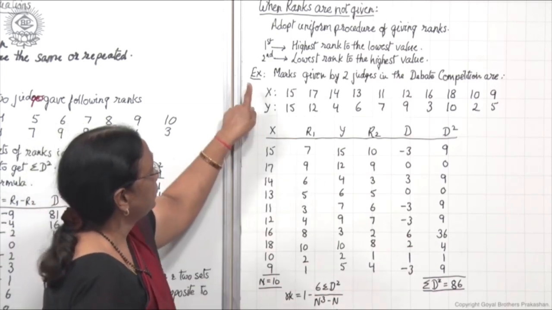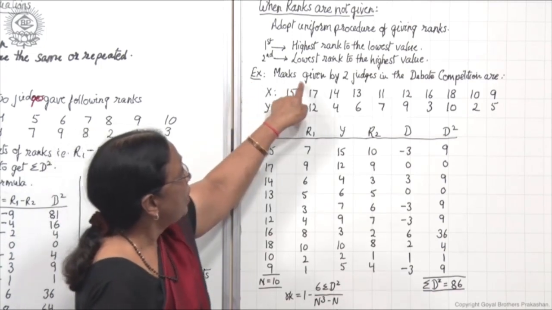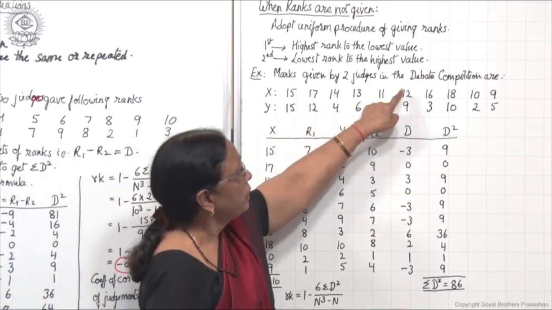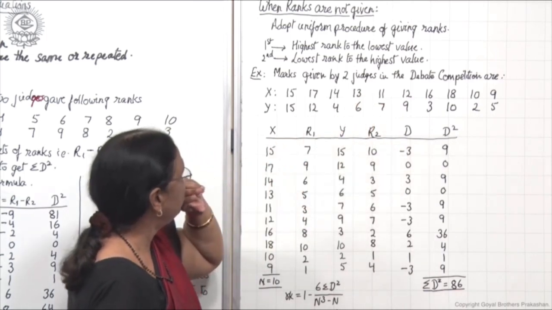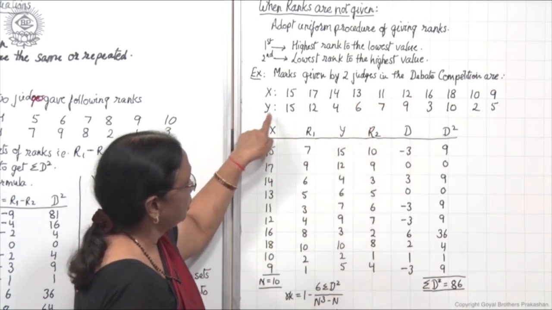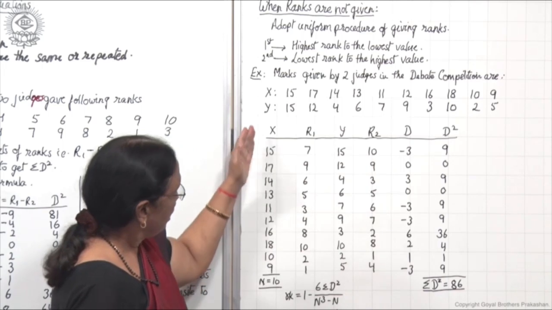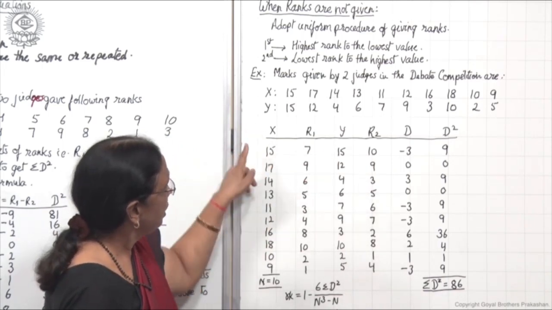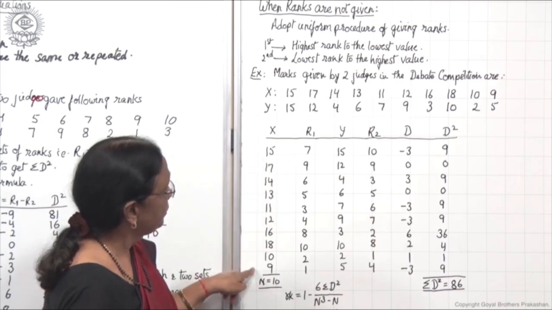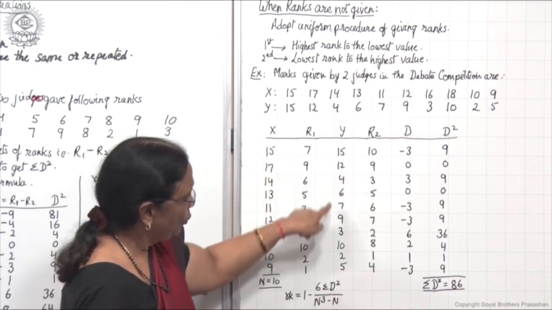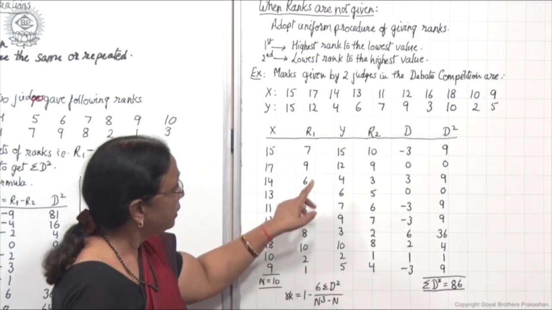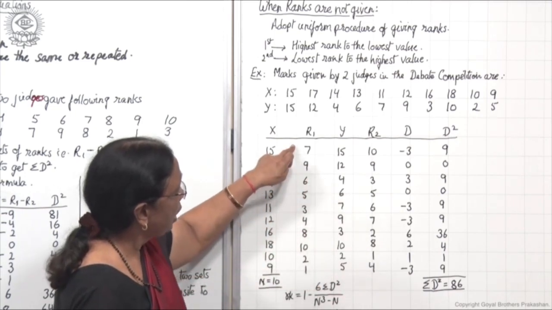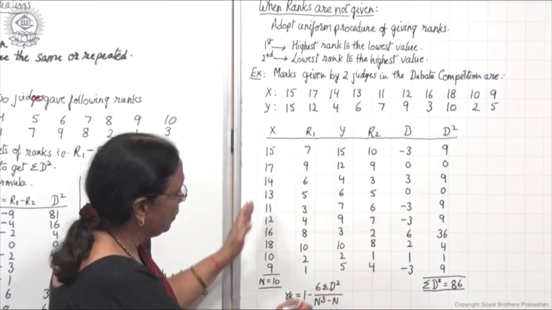Now let us see here. Example, marks given by two judges in the debate competition are X and Y. These are the marks given. Now for calculation you have to make these columns. Copy down X data first, copy down Y data, and you have to allot R1 and R2 to these marks.